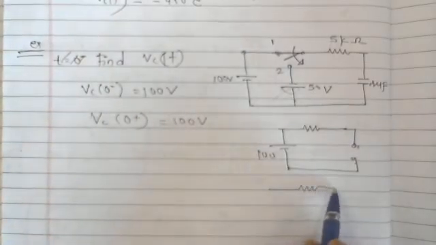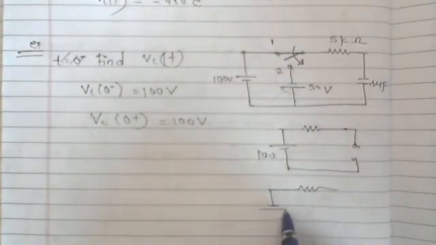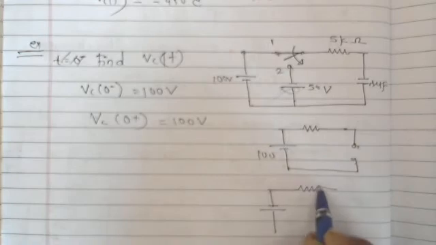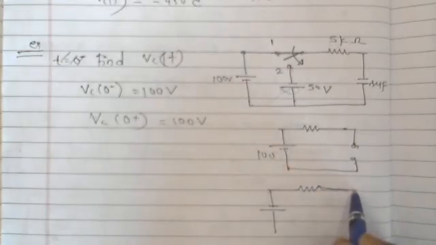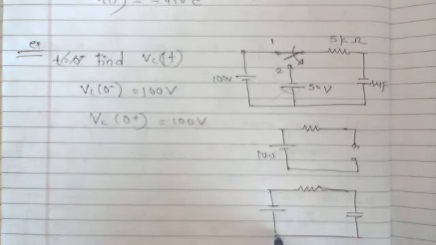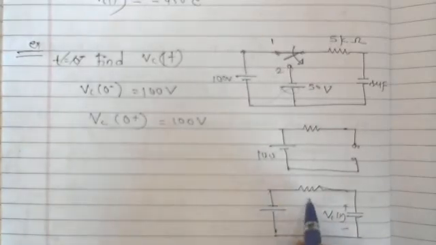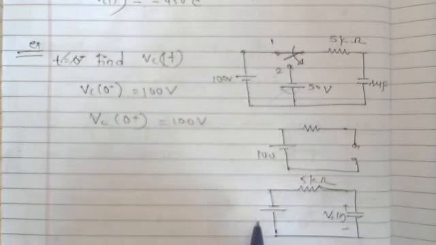Now what will happen? The switch is moved to position 2. So here there is a voltage source, this is the resistance, and now the capacitor will act as a capacitor itself, like this. So Vc of t, the 5 kilo ohm, and the 50 volt.